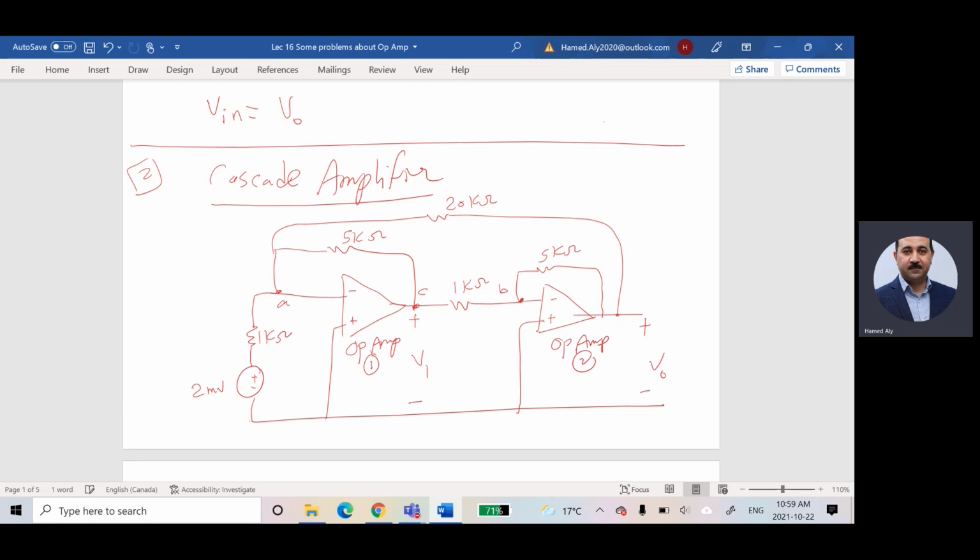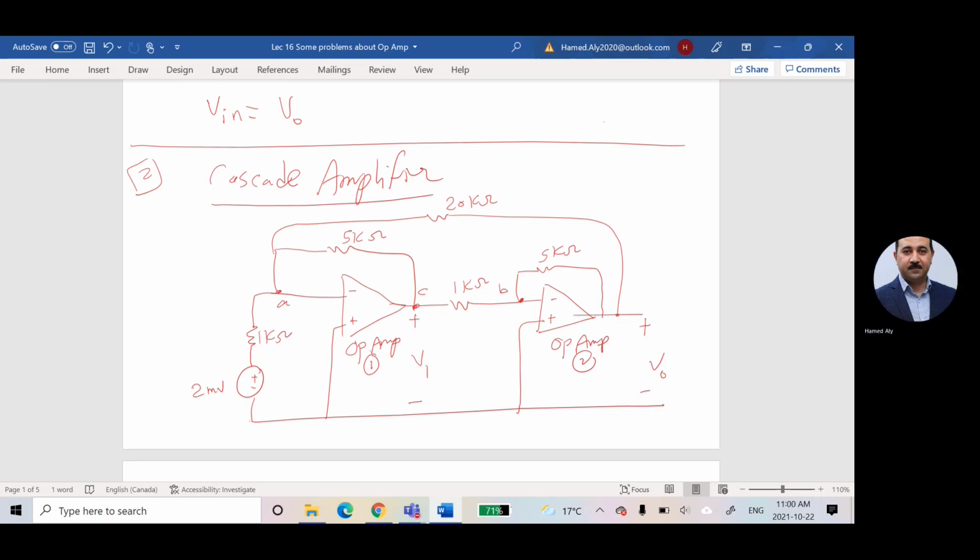What would you like to do for this circuit? I would like to find the output voltage, and I would like to calculate V1. Also, I would like to calculate the output current for this circuit.